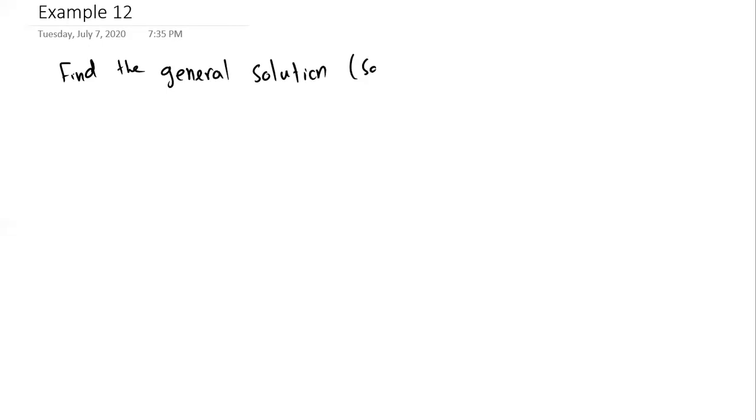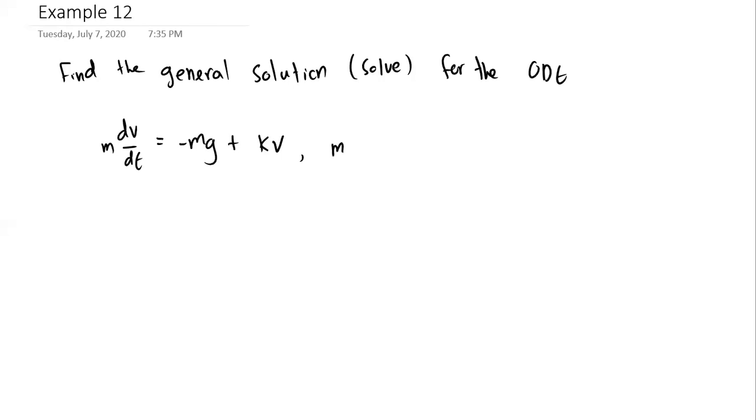And again, this is the same as solve for the ODE given by, and we're going to recognize it, m dv dt equals negative mg plus kv. And now I'm just going to give you some things where m is not equal to 0.